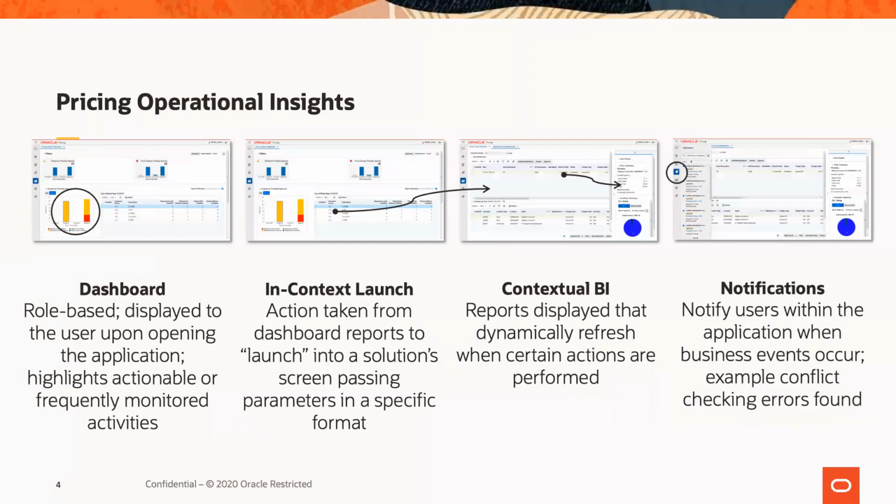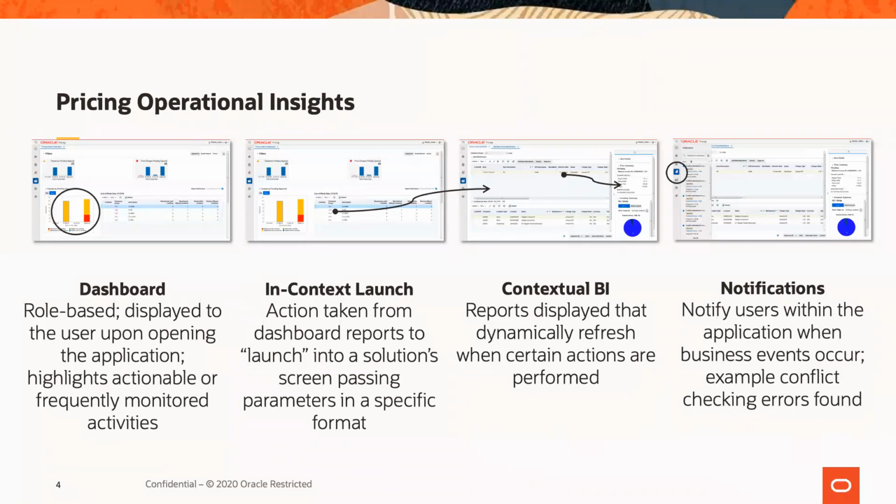We also introduced what we call operational insights with pricing. If you've seen similar presentations for the other merchandising solutions as we've rolled them out on the new UI, you'll have seen a similar slide where we're having some of the key components of operational insights in pricing.